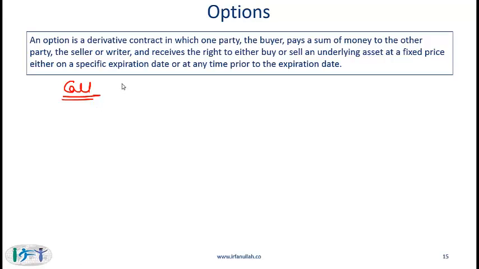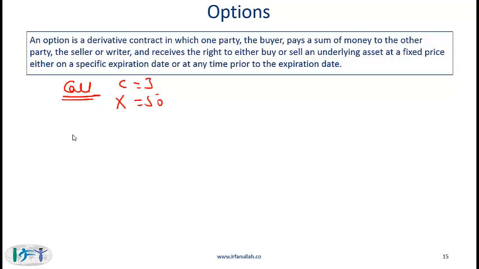Let's say that the long paid $3 and the strike price is 50. Strike price is the price that the long party is going to pay in order to get the underlying. And again, this is optional. If the long decides not to pay or not to exercise, that is up to him.